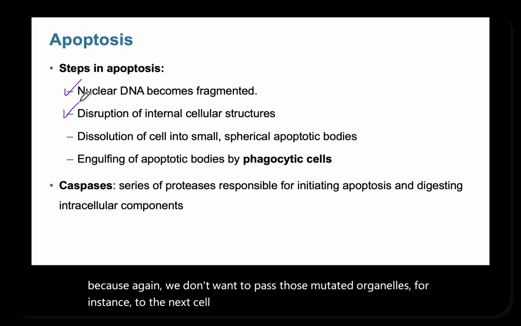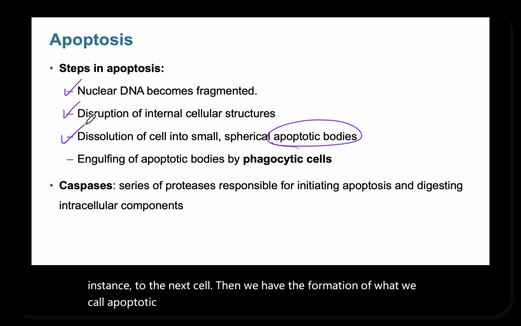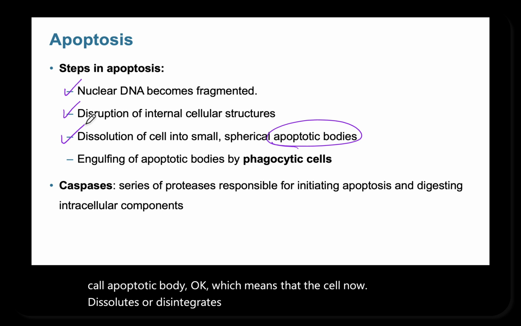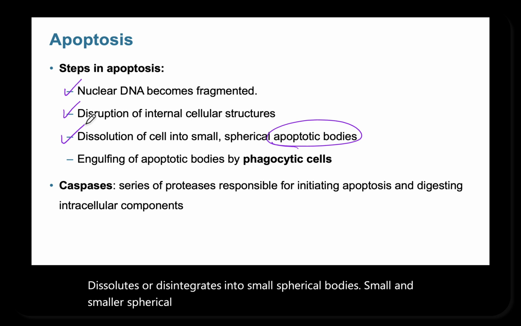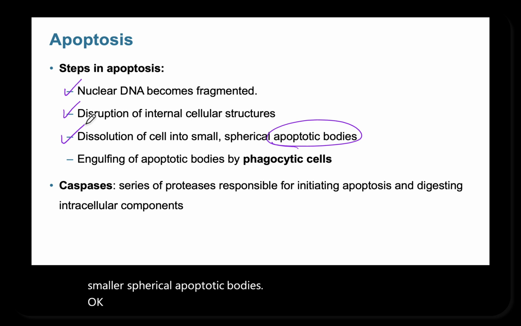Then we have the formation of what we call apoptotic bodies, okay? Which means that the cell now disintegrates into small spherical bodies, smaller and smaller apoptotic bodies, which are remainders of the cell.